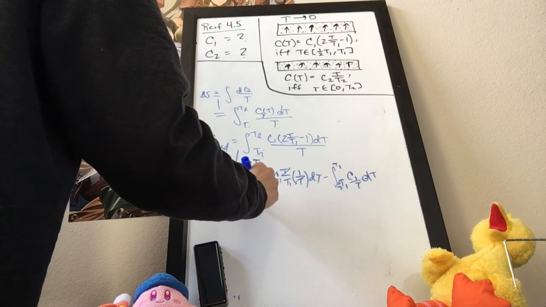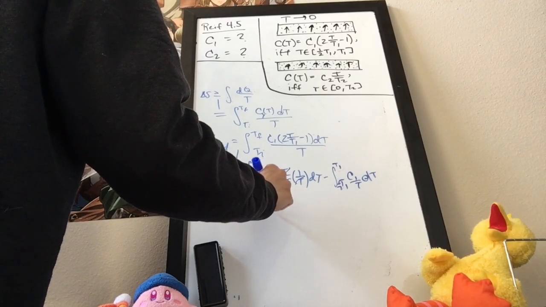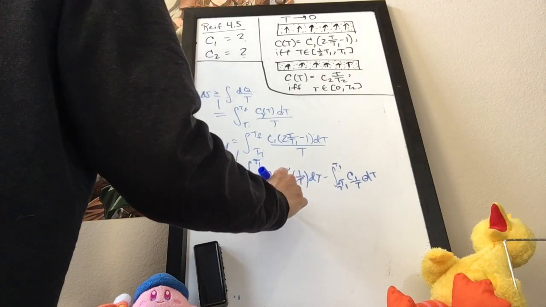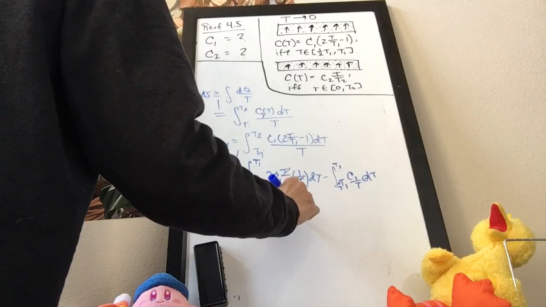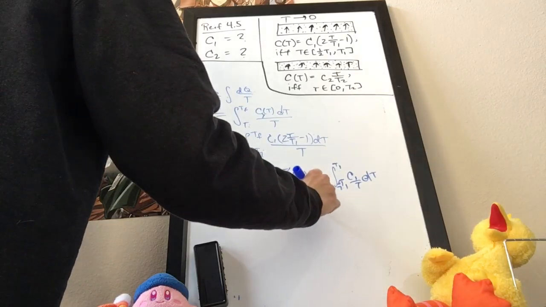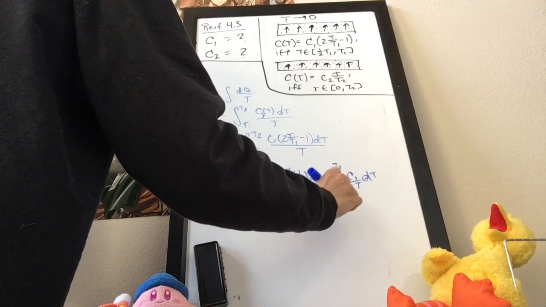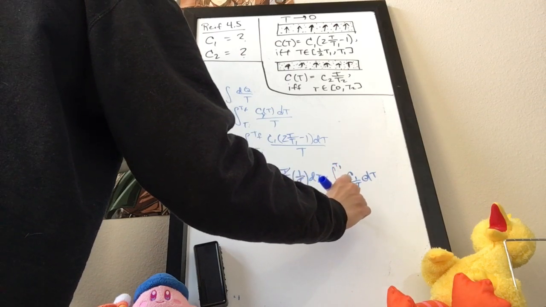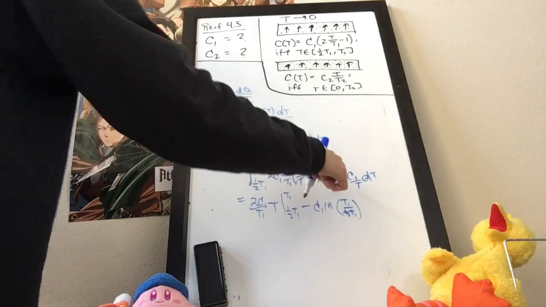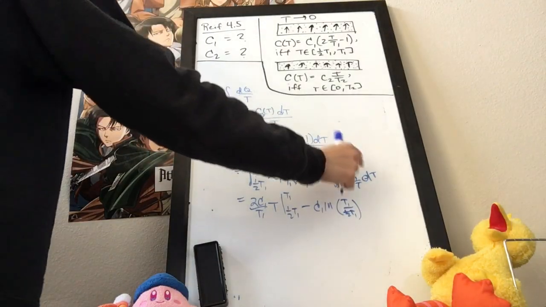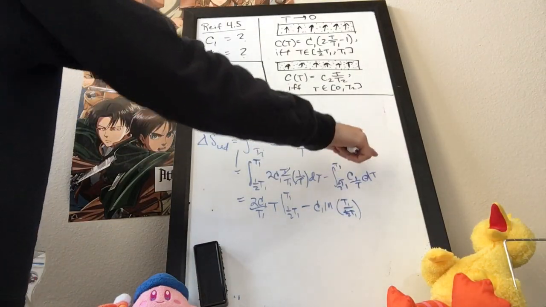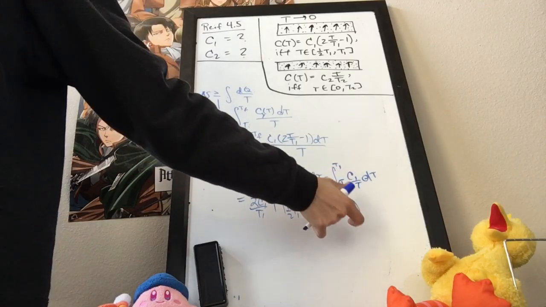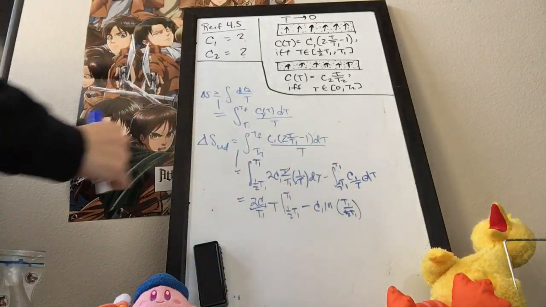So we get 2C1 divided by T1 times T evaluated from T1 to 1/2 T1, minus C1 times the natural logarithm of T1 over 1/2 T1, because the integral of 1 over T dT is equal to the natural logarithm of the quotient of the boundaries.